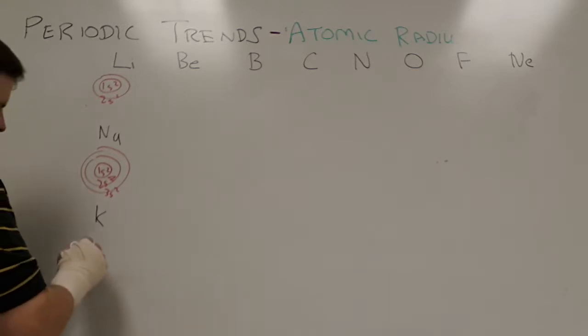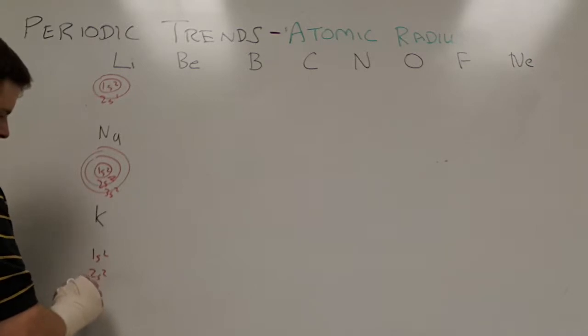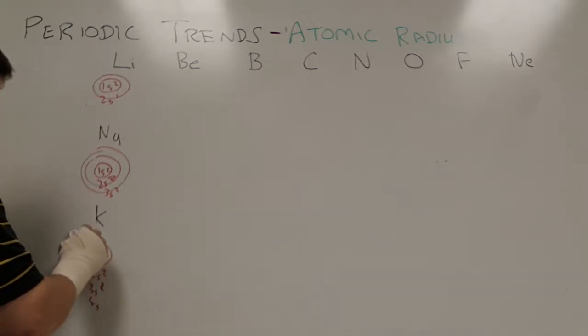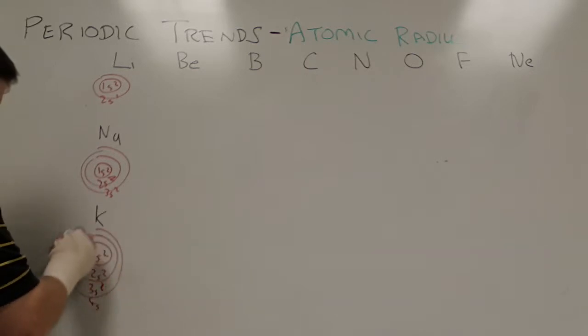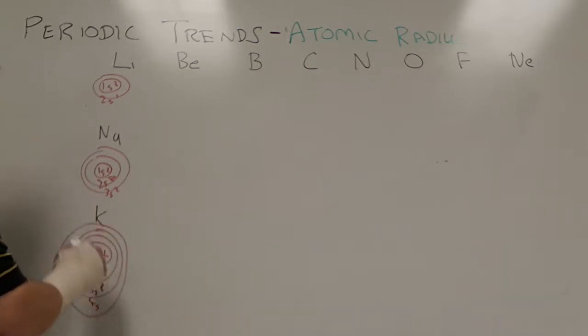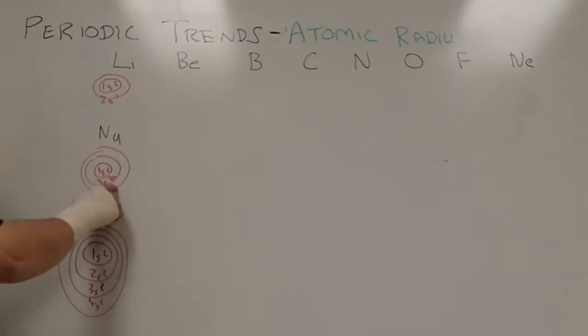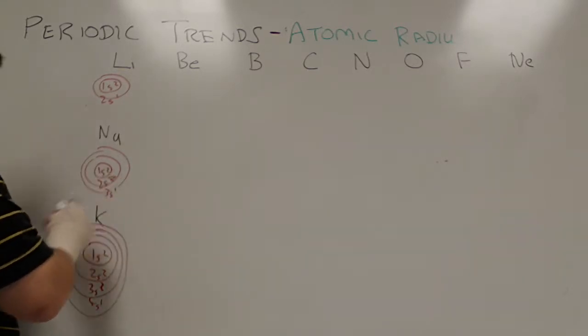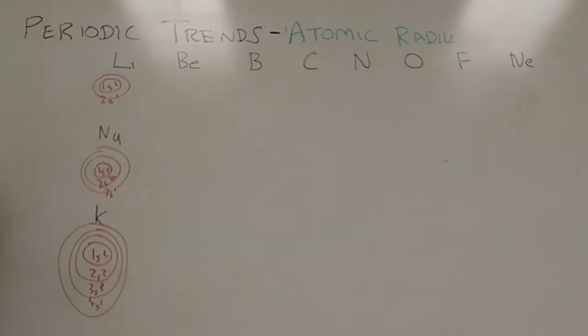I come to potassium: 1s2, 2s2, 3s2, 4s1. So as I look at this expanding radius, what I'm doing is adding more electrons to the outside.